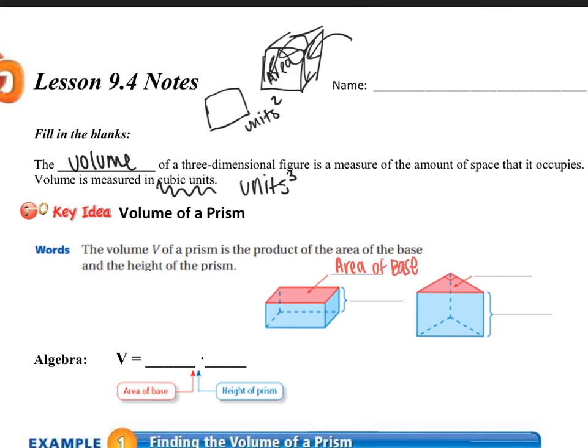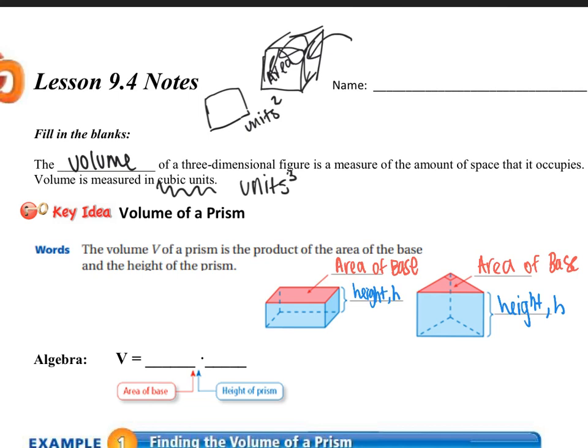We also have the area of the base in this one, and it is the triangle. Then you have to multiply it by the height, so how tall it is. So these are the two different kinds of figures we will be looking at to find the volume.